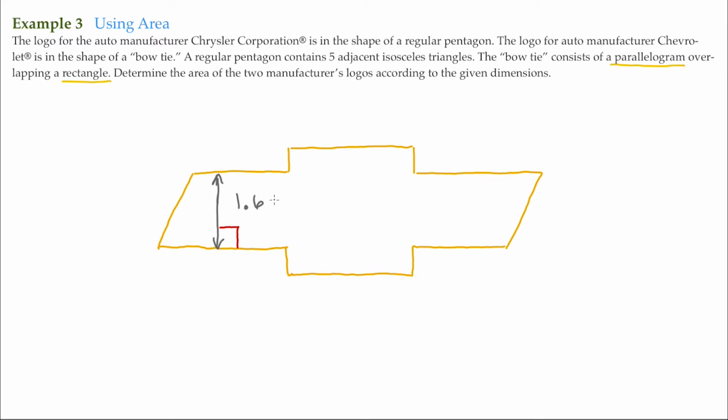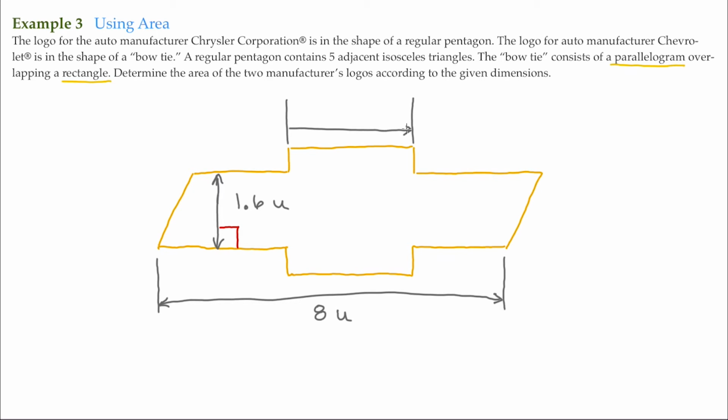and that's 1.6 units. Don't forget, a unit is any length of measure that you want it to be. The base is 8 units. This right here, that's 3 units.